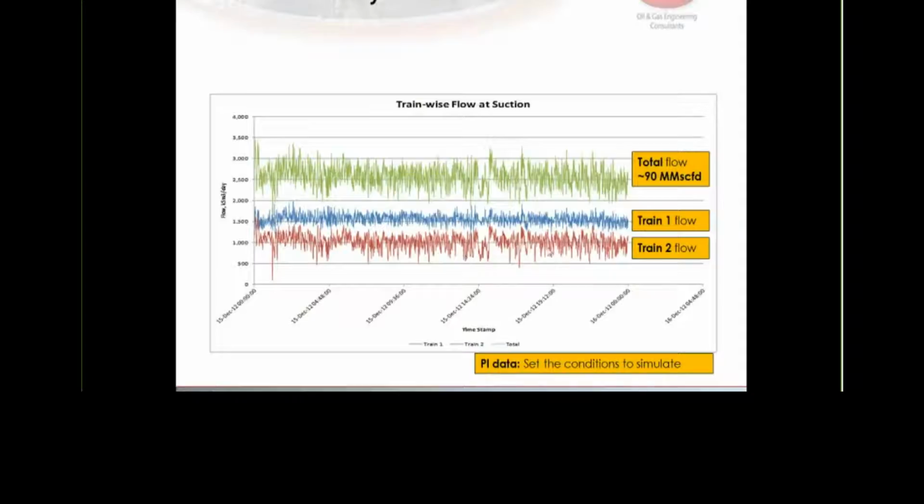Another thing from this graph is that train 2 showed more instability than train 1, but if you add both together, then the overall instability at the discharge manifold was quite substantial.